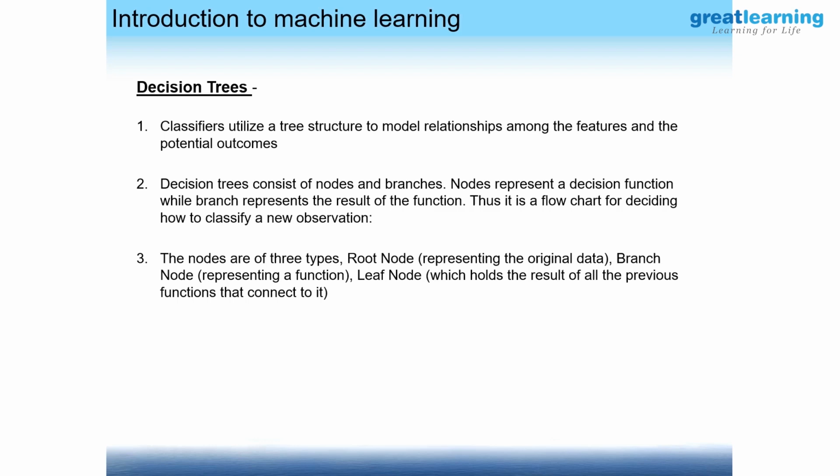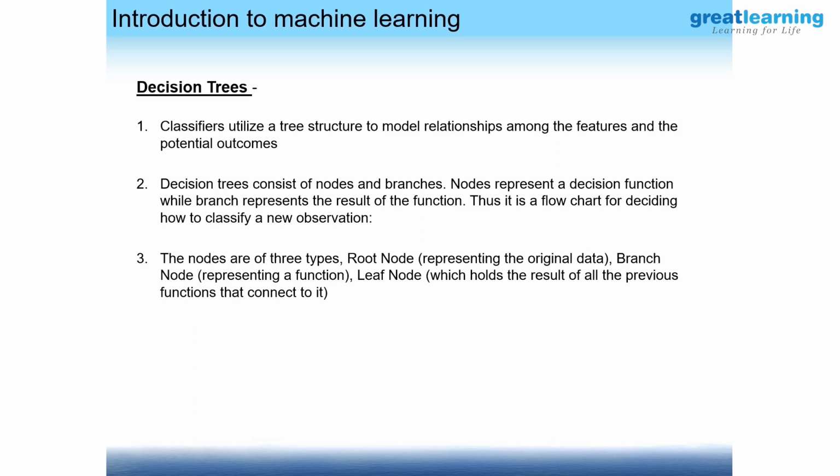This is called the root node. All the things which are in, what is the shape called? Oval. All these oval shapes are my nodes. Nodes represent any function call that you're going to make on your independent attributes.